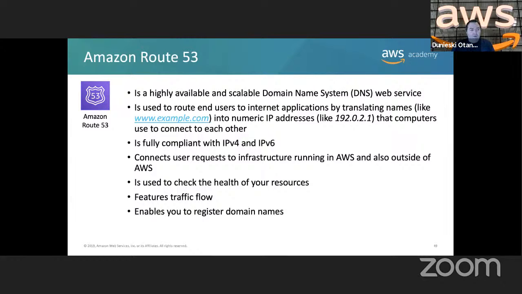As it is called, it's a route. So what it does is it routes the traffic to users, right? And it translates. It resolves domain names to IP addresses, because the browser takes the domain like www.example.com, but the computer doesn't understand the domain.